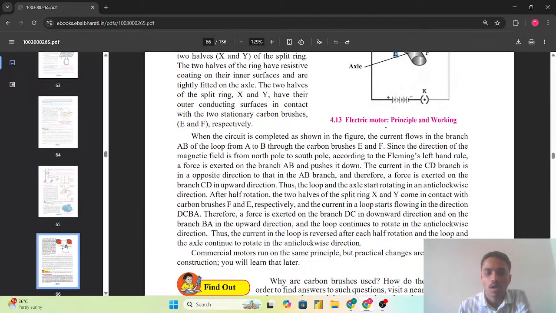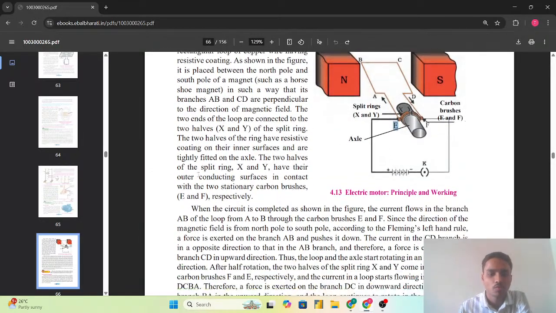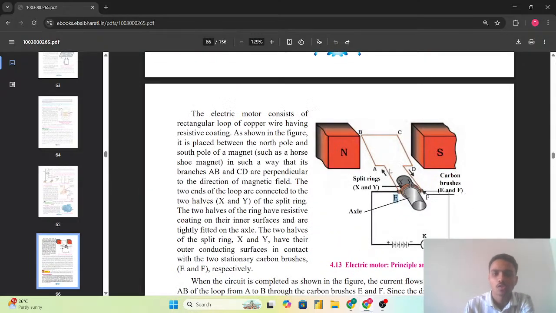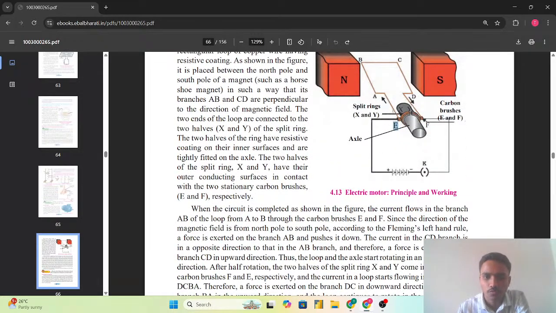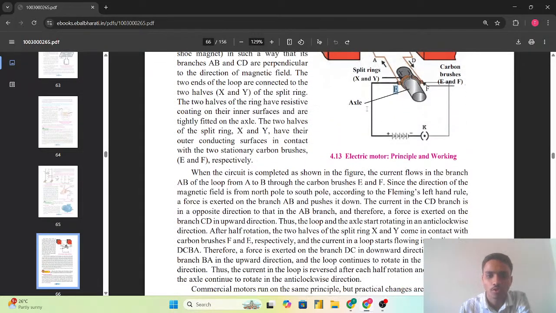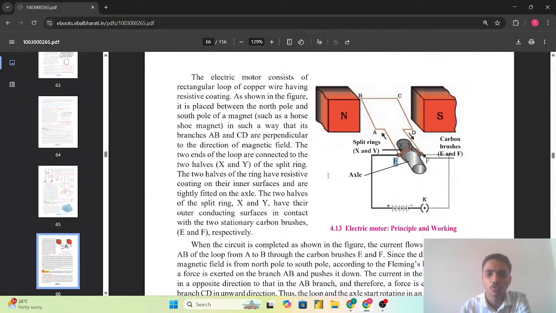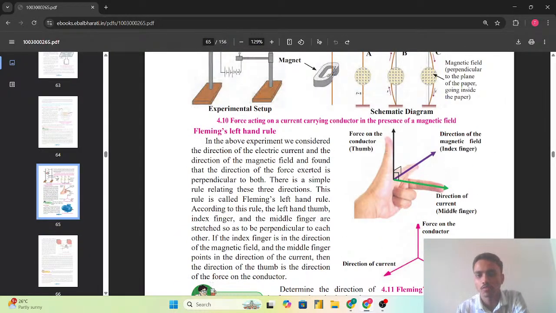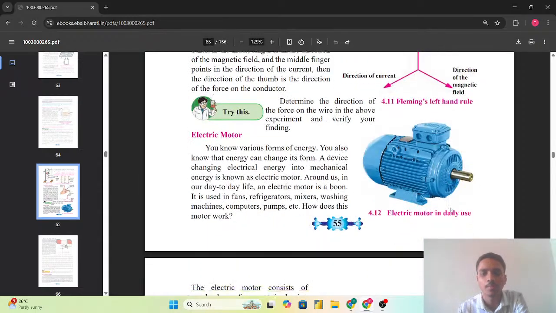So, how does this electric motor principle work? When the circuit is completed as shown in the figure, the current flows in the branch AB of the loop from A to B through the carbon brushes E and F. As the current flows from A to B, the direction of the current is denoted with the middle finger.